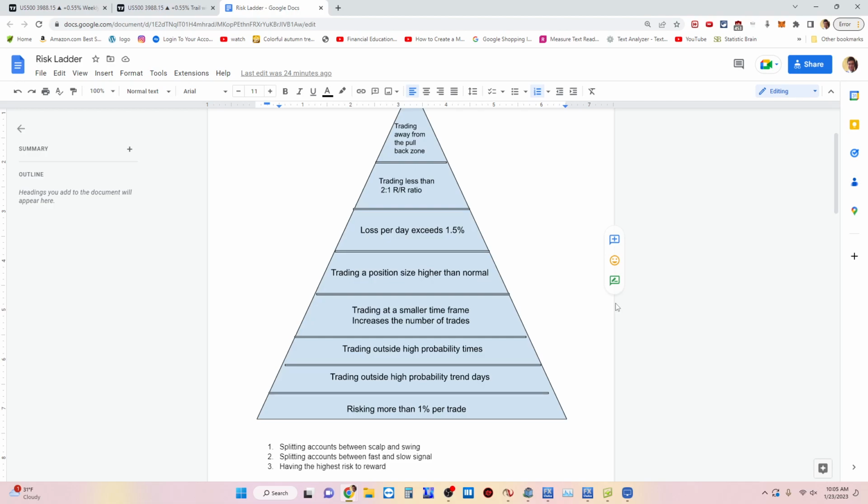If there's some way you can automate that, and then splitting accounts between fast and slow. The discretionary parts are the ones that are going to be the ones of focus, which is the splitting of the accounts in fast and slow, signal, the position type, scalp and swing, and then trading within high statistics.